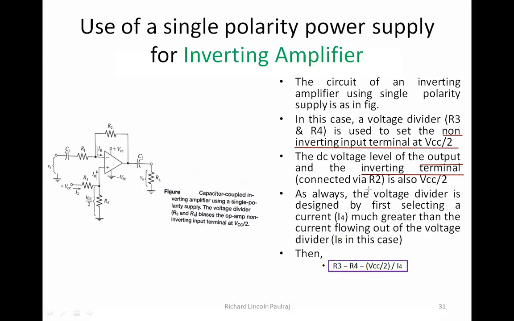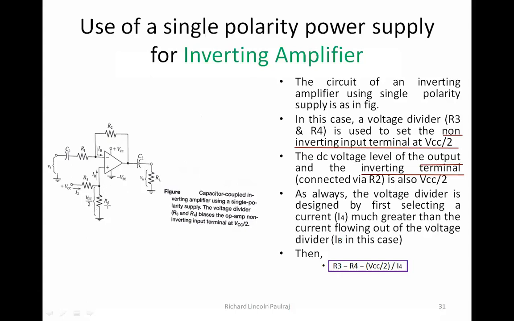These three things. As always, the voltage divider is designed by first selecting a current I4, which is much larger than the current flowing out of the voltage divider. You can see here the current I4, which is across resistor R4, will be much greater than the current flowing out of the voltage divider, IB. So the R2 resistor level and R4 resistor will be completely different.